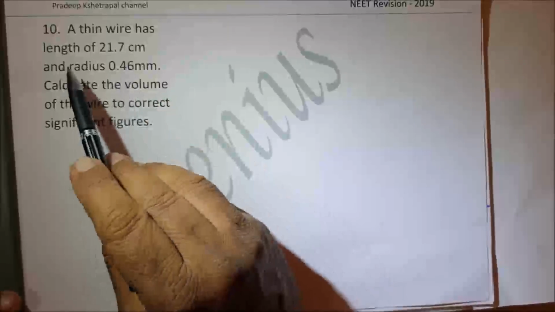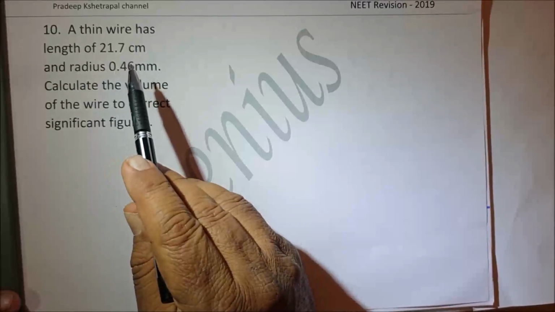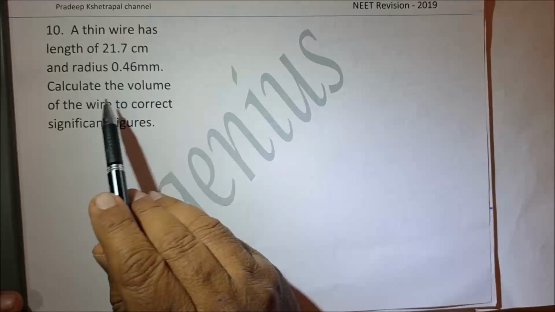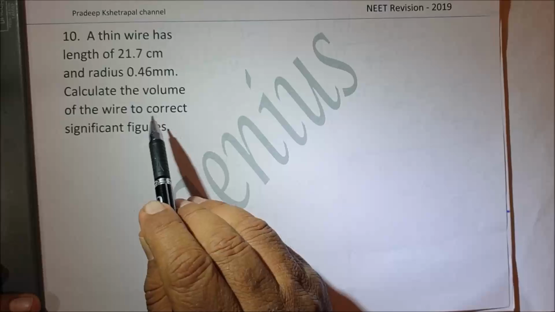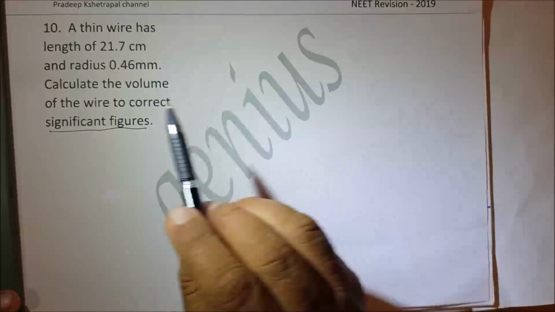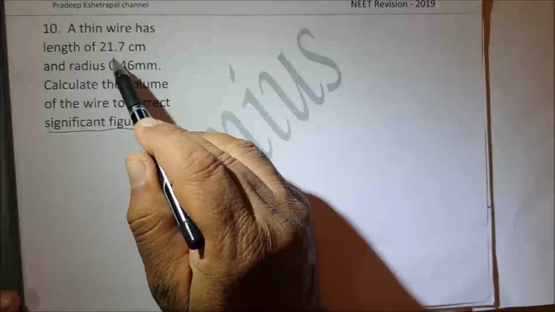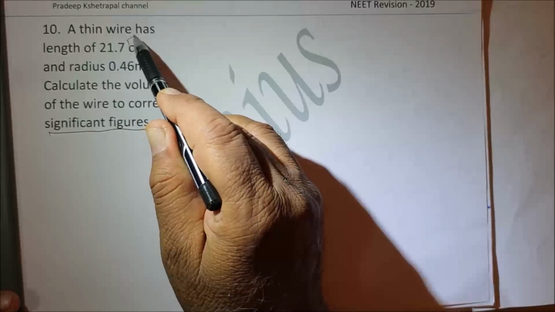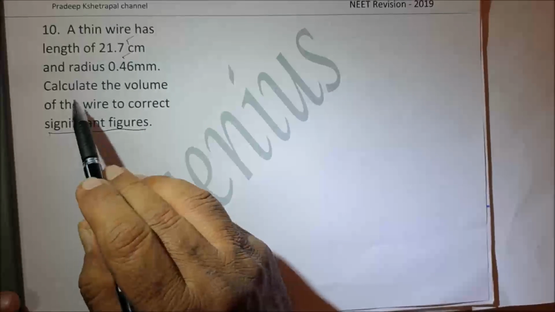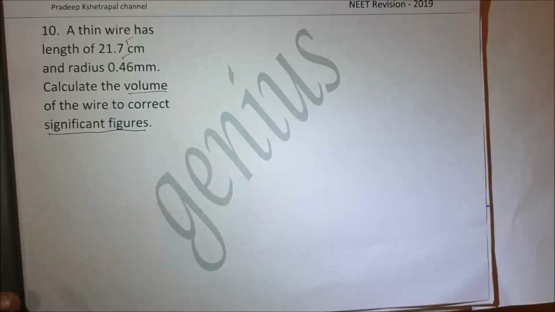A thin wire has length of 21.7 centimeter, radius 0.46 millimeter. Calculate volume of the wire to correct significant figures. It's a very easy question. A thin wire length is so much, radius so much, but we have to find volume.